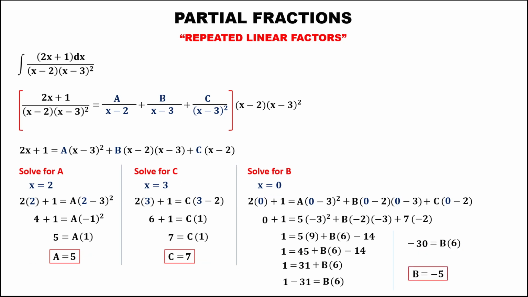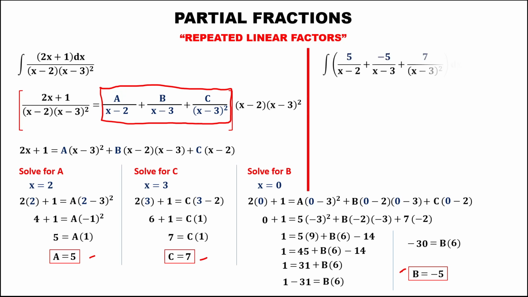So since we have now all the values for a, b, and c, we need to substitute these values into this equation. So this becomes now the integral of a.